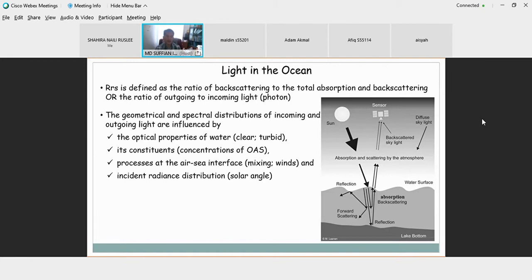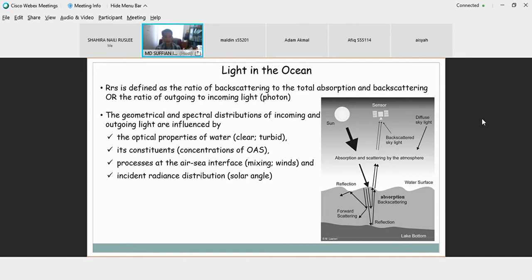So we have a different spectral distribution for each wavelength. And number two is the constituents, or the concentration of OAS, optically active substances. The three main ones are phytoplankton, non-pigmented particles or non-algal particles, and number three is dissolved organic matter.